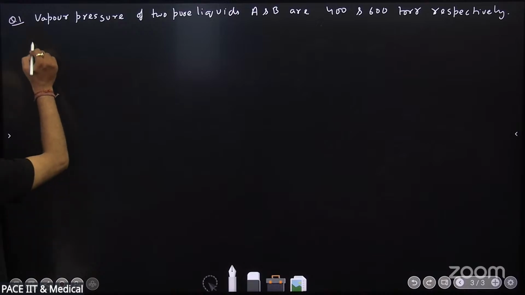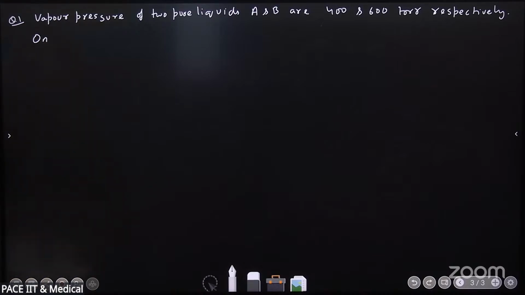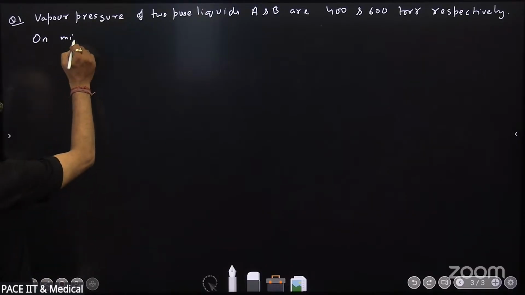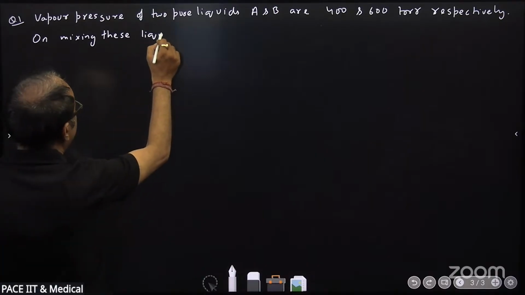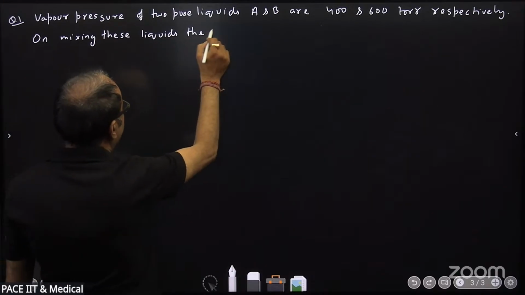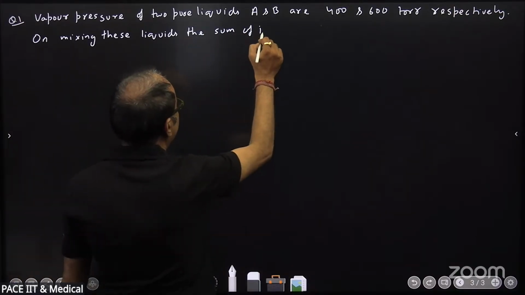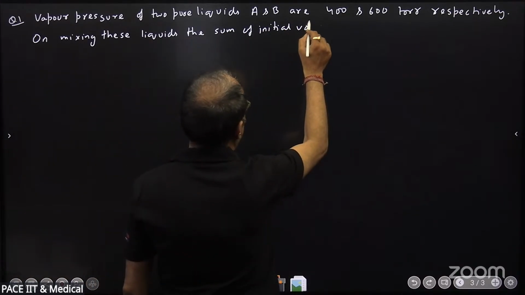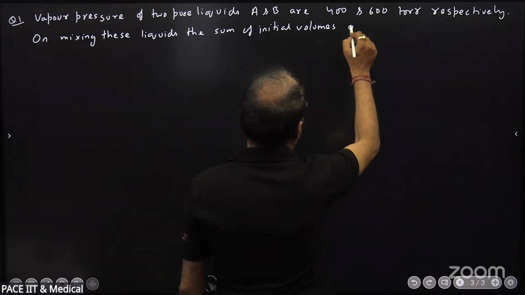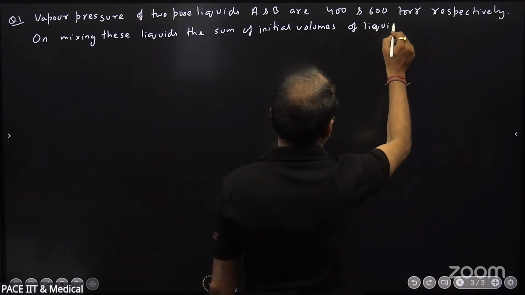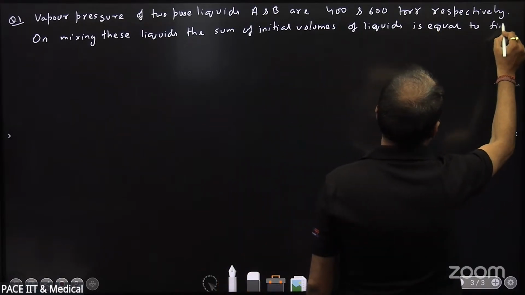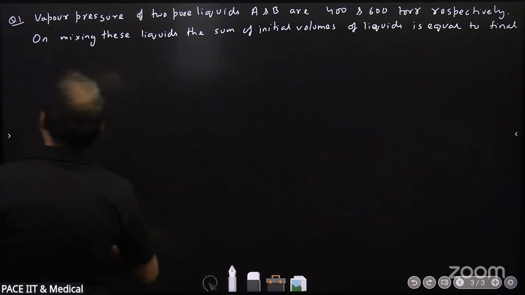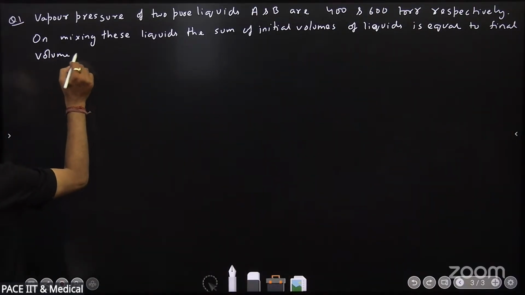On mixing these liquids, the sum of initial volume of liquids is equal to final volume of solution.